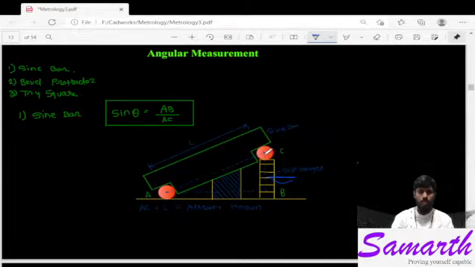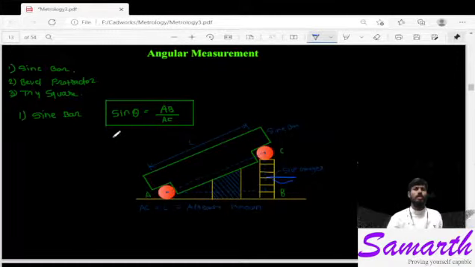No need to consider the rollers if you are measuring from the contact point of roller and surface, and the contact point of roller and slip gauge. By using trigonometry, you will know the value of this angle theta, the angle made by line AC and AB.